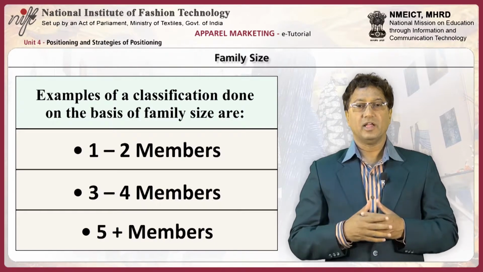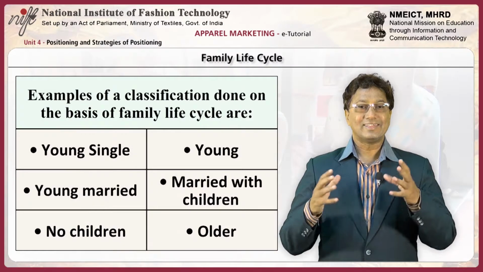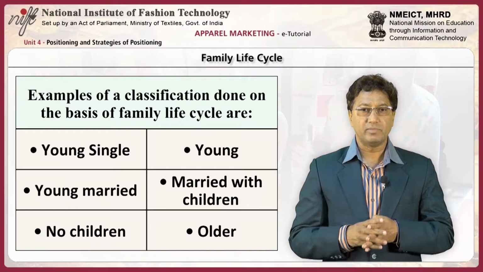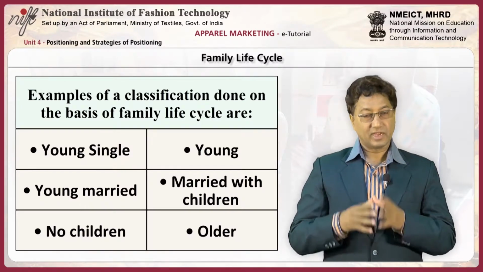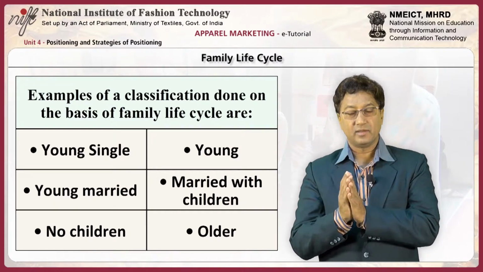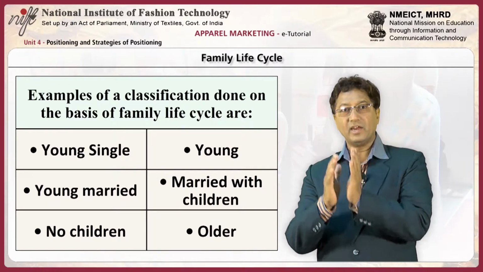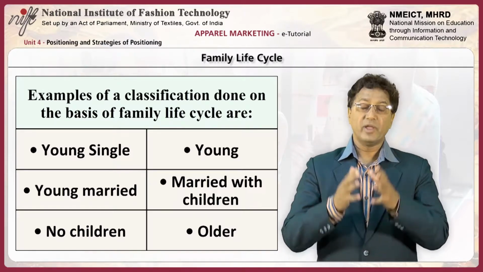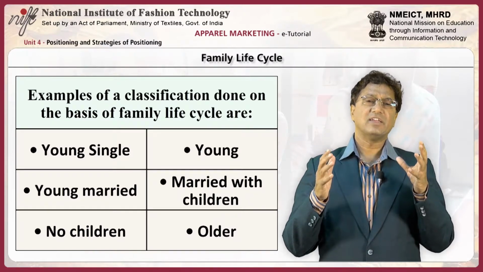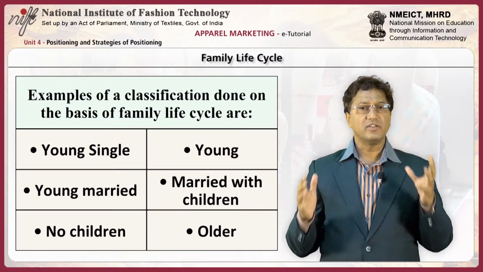Now let's come to the next example. The examples of classification done on the basis of family life cycle are young and single, young married but no children, young married with children, the maturity stage or older stage, because in each of these life cycle stages the needs and wants are different.